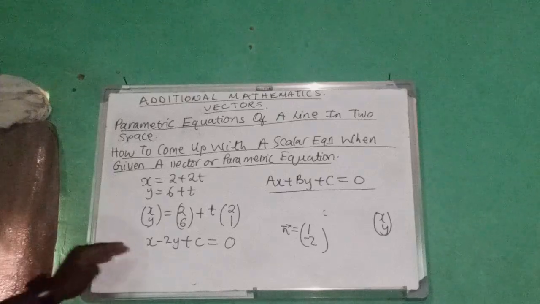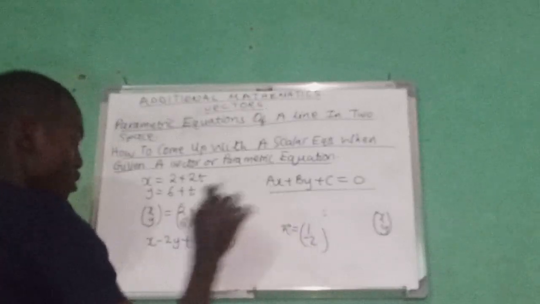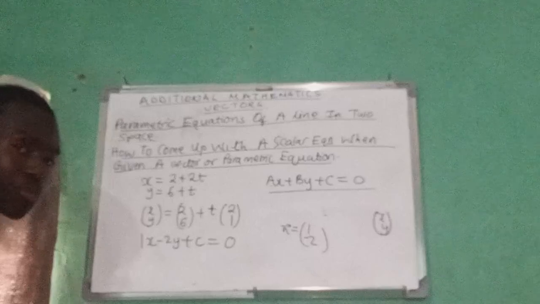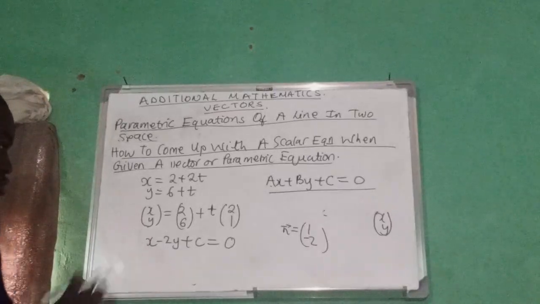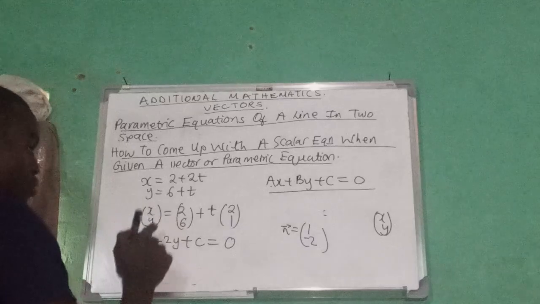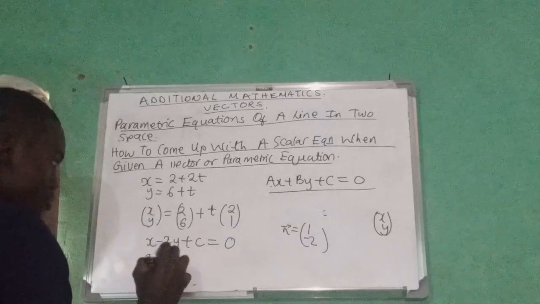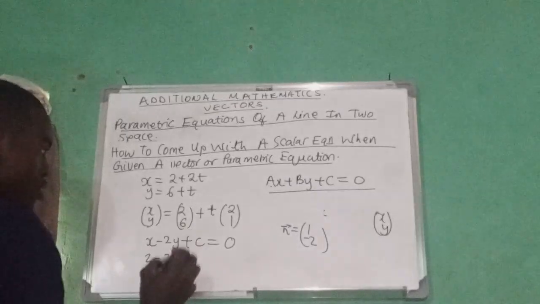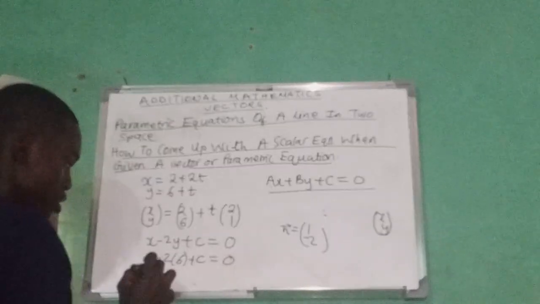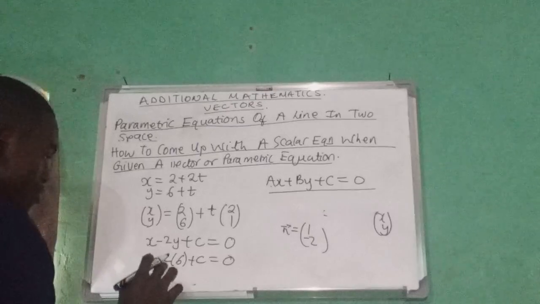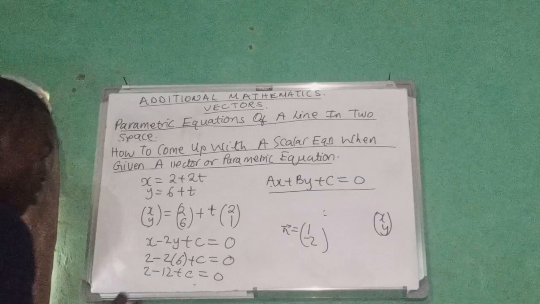Alright, someone may have been confused here. This one is the coefficient of x. Now in algebra, we do not write 1, so we can't write 1x, I just wrote x. It means in place of x here, we get the coordinate 2, minus 2 times the y coordinate, which is 6, plus c is equal to 0. 2 minus 12 plus c is equal to 0.